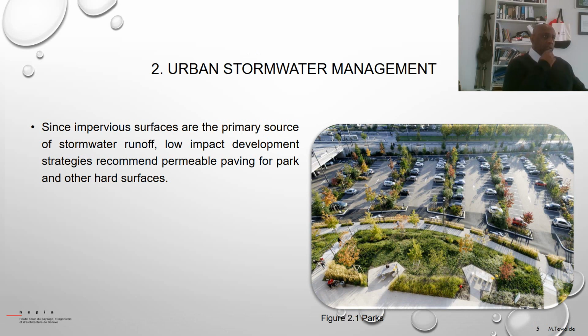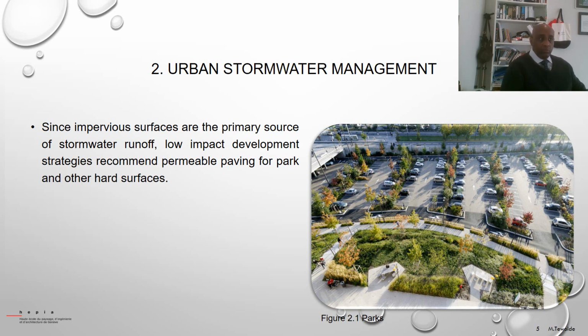And how do we manage this storm runoff that is created because of human activity? Because we turn the natural soil ground into an impermeable surface, the volume of the effective rain increases as a result. There is a problem.